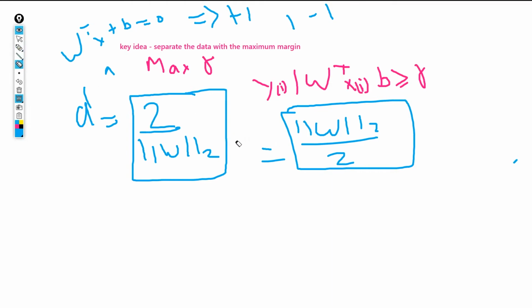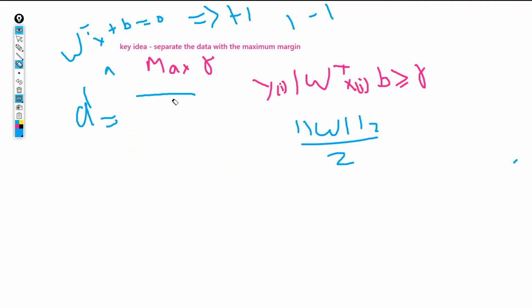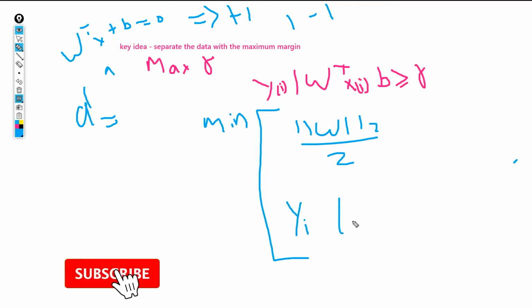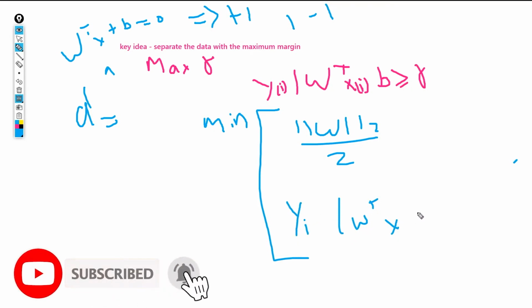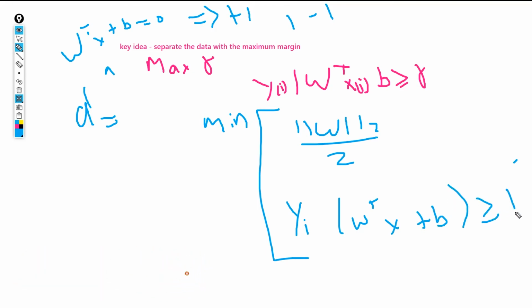So this is what you have to minimize, and here also we have a constraint. What constraint do we have? We have yi multiplied by w transpose x plus b should be greater than or equal to 1.